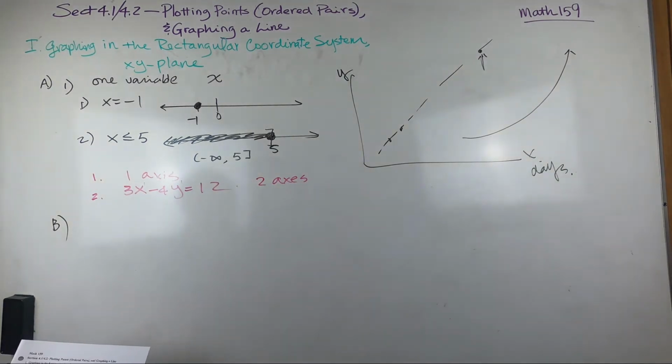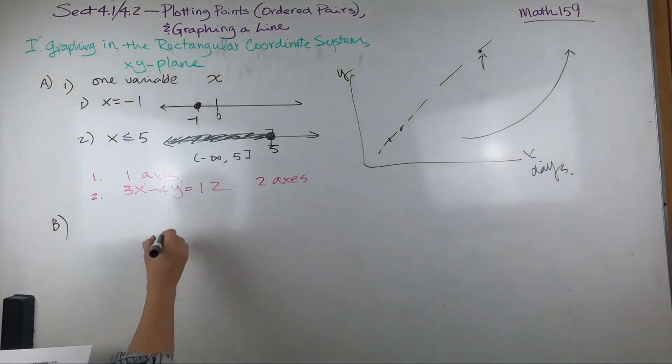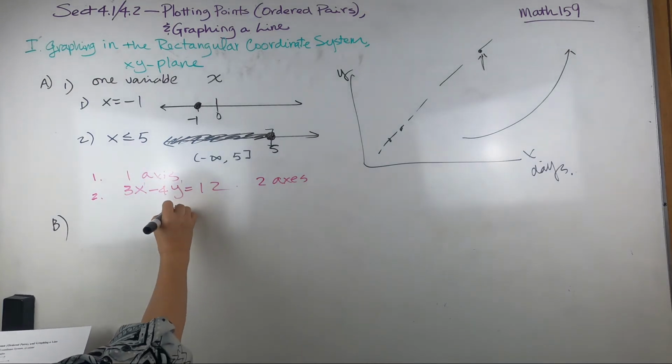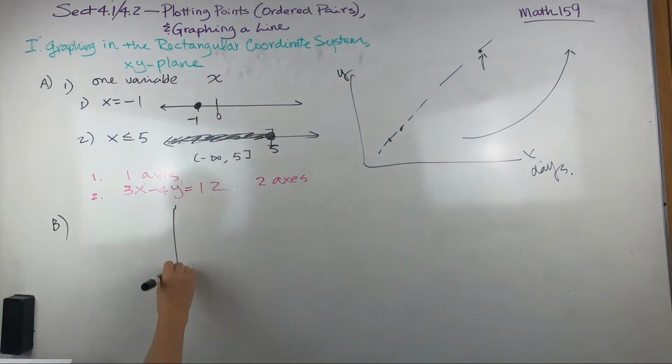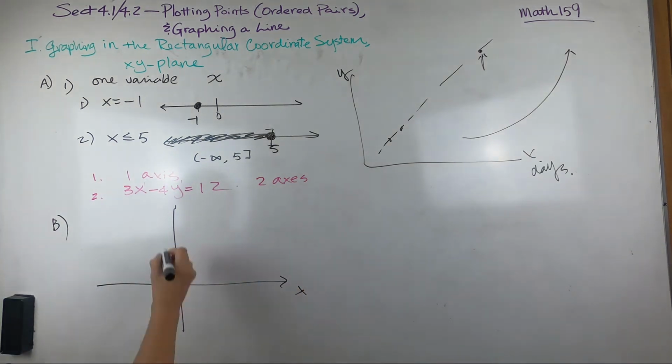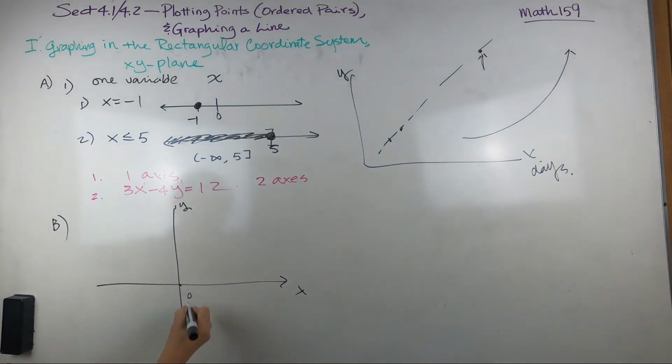How do we do it? All right, we call it the XY plane, right? So you will have, that's your X, that's your Y. What do you think is in the middle? For X, in the middle will be 0, right? Then the right hand side will be what? 1, 2, 3, 4.